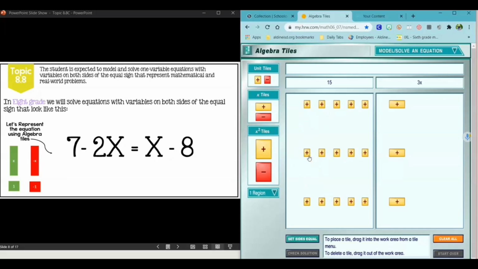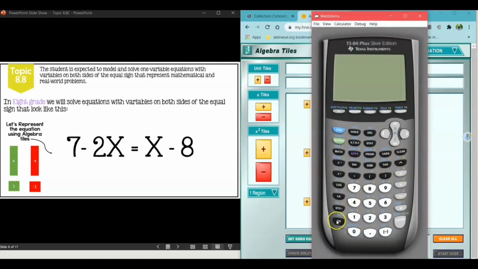Okay, so now I have 3 groups, but 1x here is equal to 1, 2, 3, 4, 5, positive 5. So x equals 5 is our solution, but again, I don't want to just stop there. I want to make sure that it's 100% correct. So I'm going to plug it into the calculator.